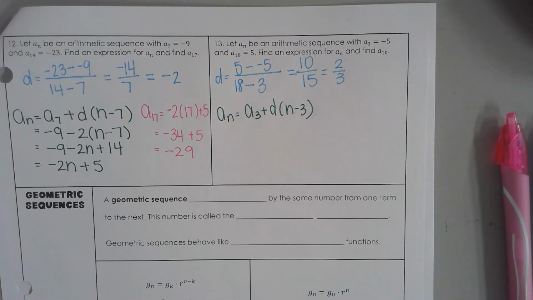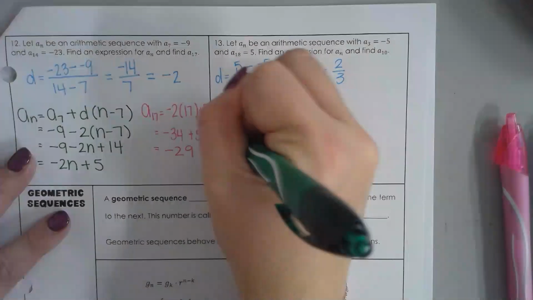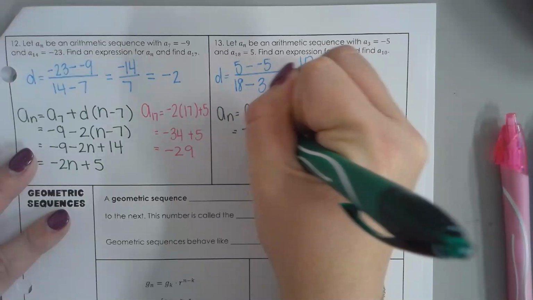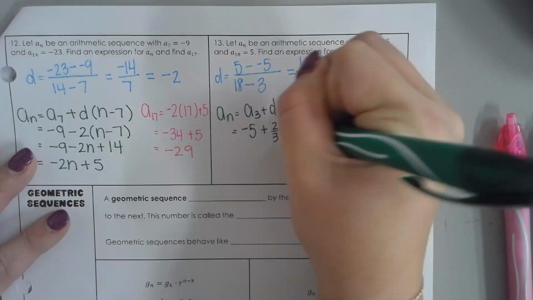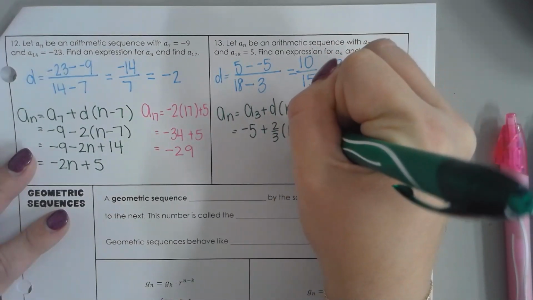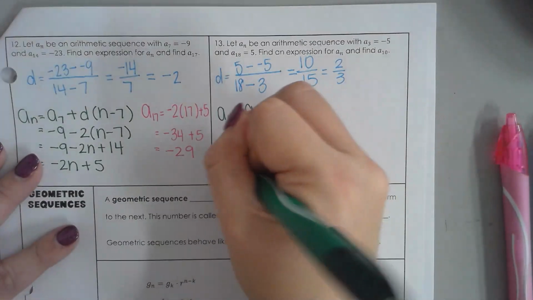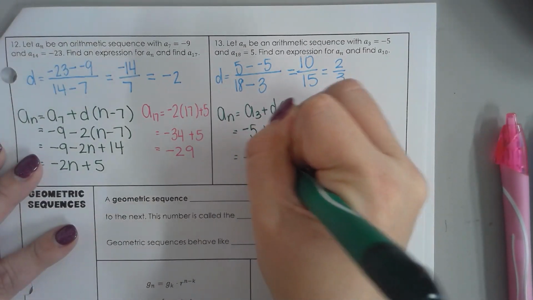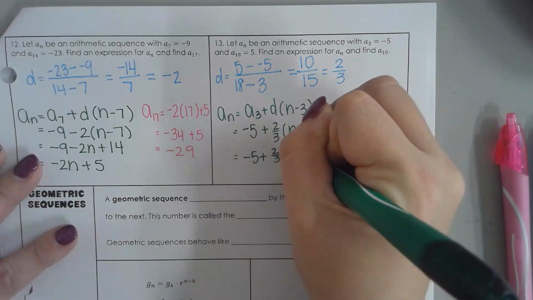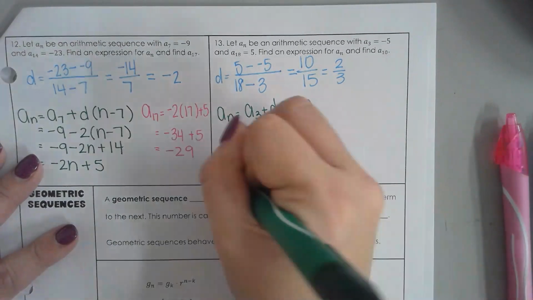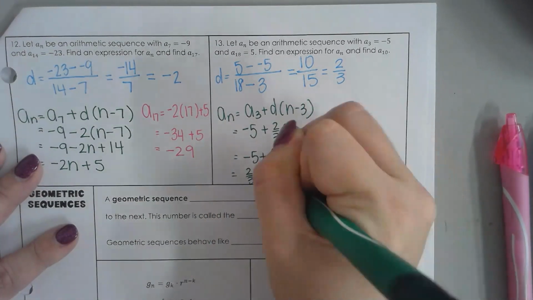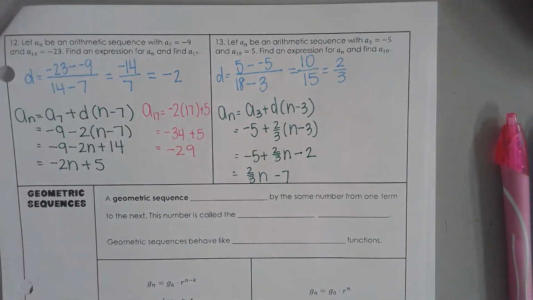You could have used a18 and done n minus 18. a3 is negative 5 plus 2/3 times n minus 3. So we get 2/3 n minus 7.